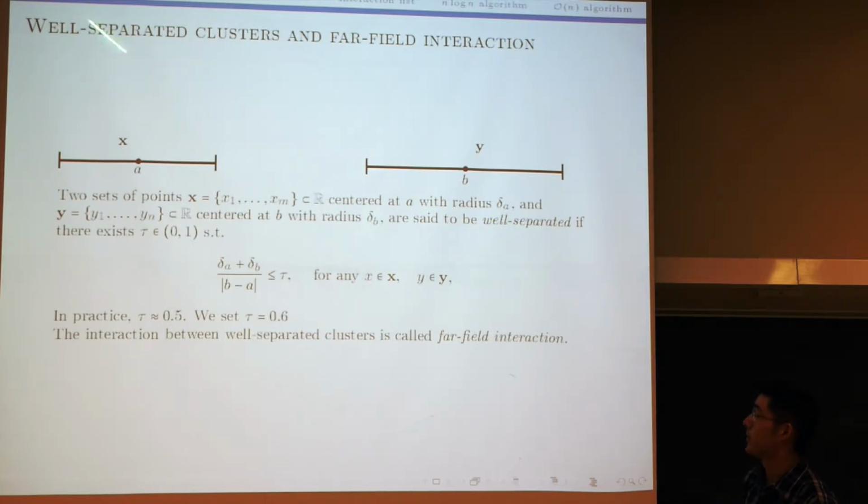For example, if the first set of points is in [0, 1], and the second set of points is in [2, 3], then these two sets can be considered well separated. And the interaction between well separated sets is called far-field interaction.